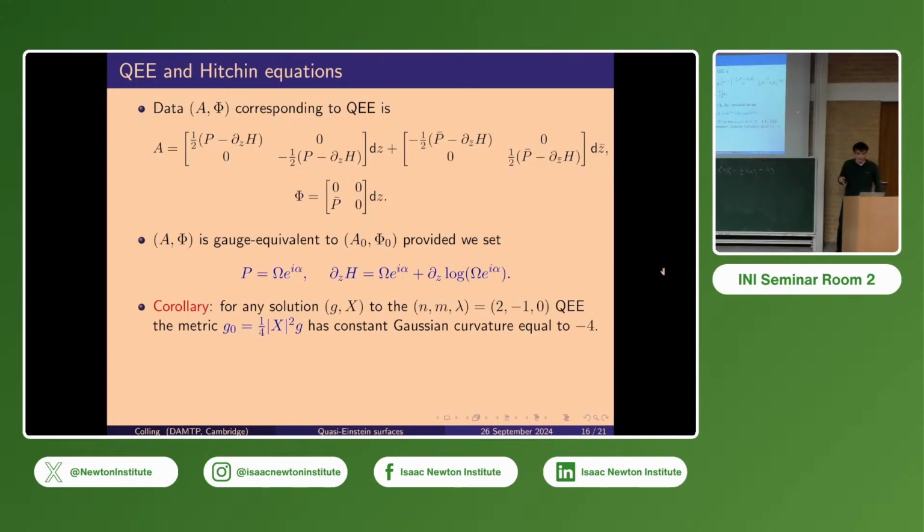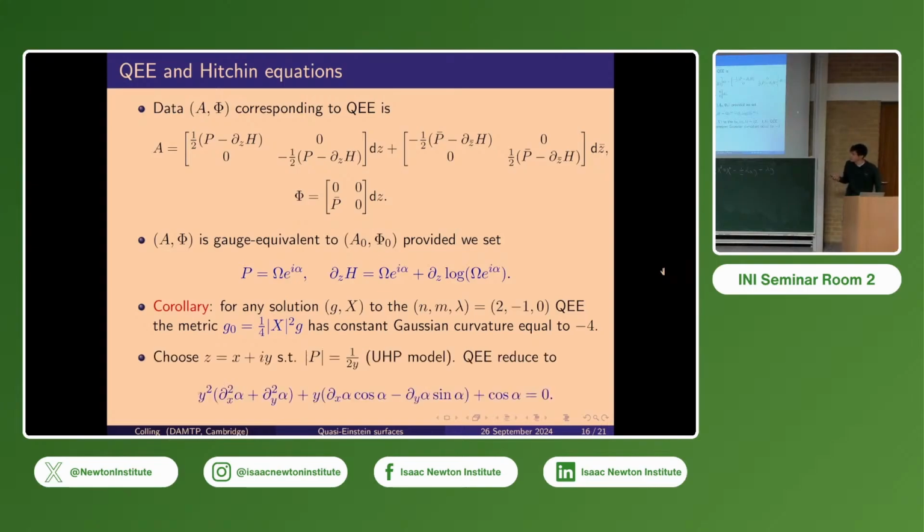But of course, to solve our original Quasi-Einstein equation, we still need to solve for alpha. And alpha will satisfy an equation coming from here and the condition that we want h to be real, because h was this conformal factor in the metric. So if you impose that d/dz d/dz bar of h is real, you end up with a condition on alpha, which is the following.